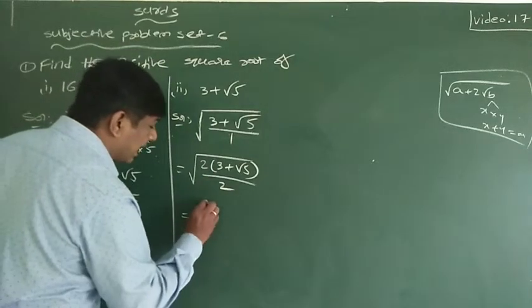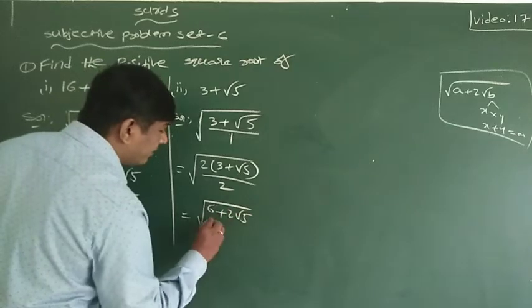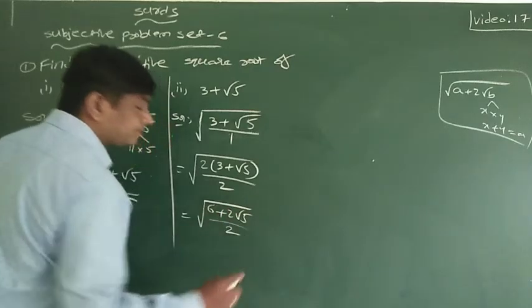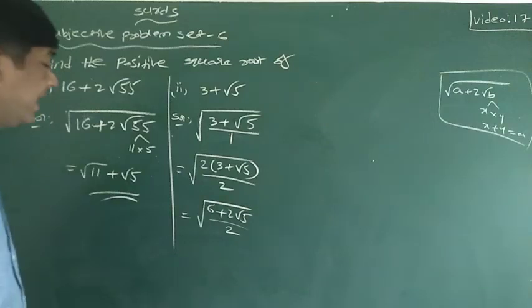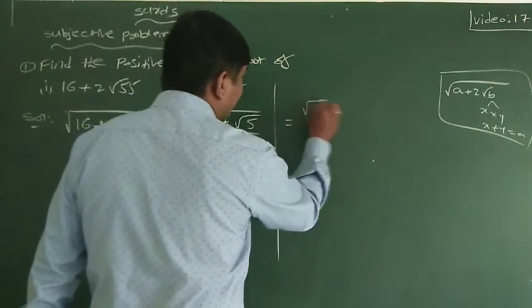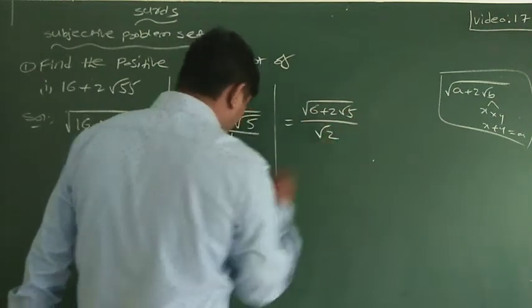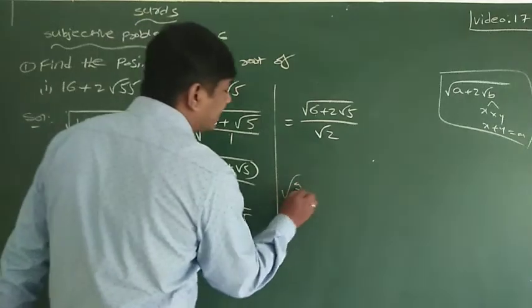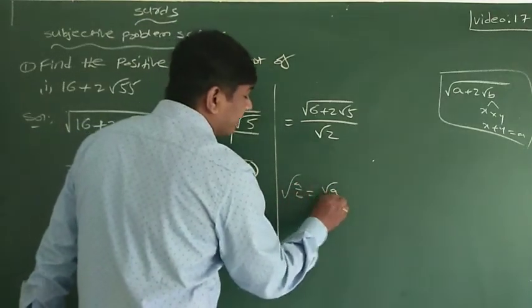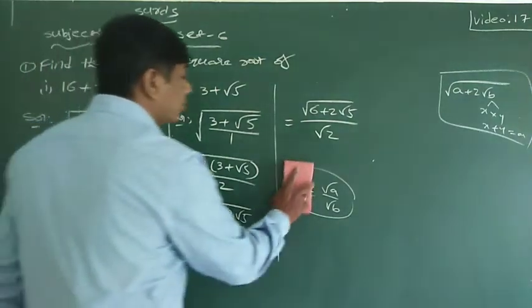So root of 2 threes are 6 plus 2 into root 5 by 2. Now I will write this one as the square root of 6 plus 2 into root 5 by root 2. Just root a by root b form I am writing.